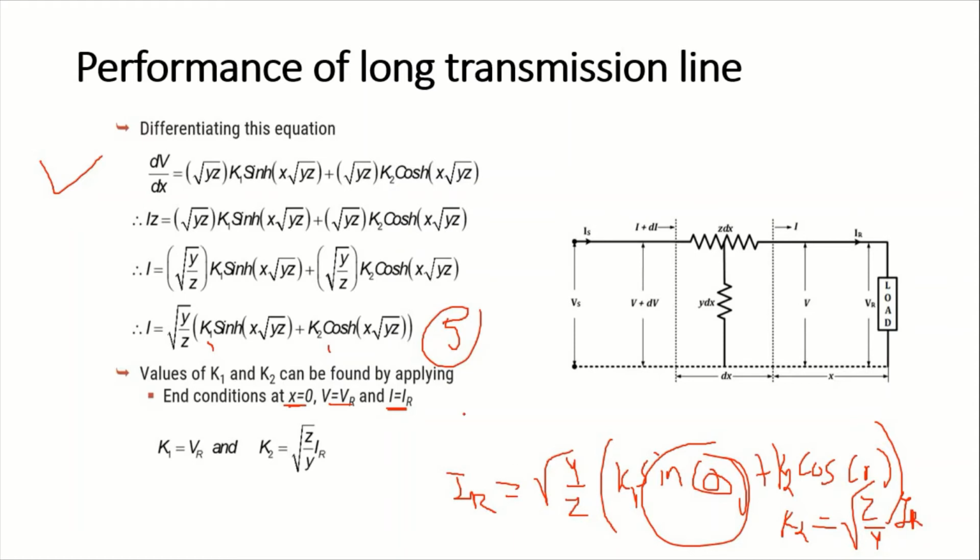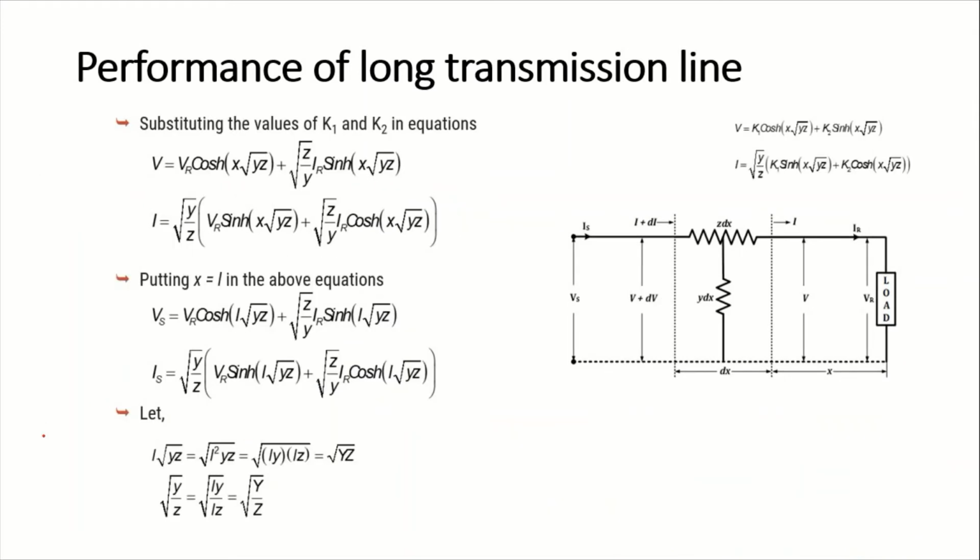So in these two equations we can write K1 as VR and K2 as under root Z by Y into IR. Clear? So write these into the two equations: instead of K1 we write VR, and instead of K2 we put under root Z by Y into IR. Now this is the equation for distance x.